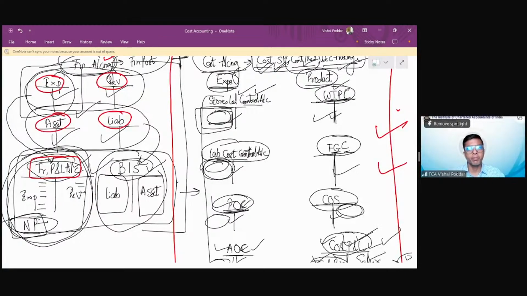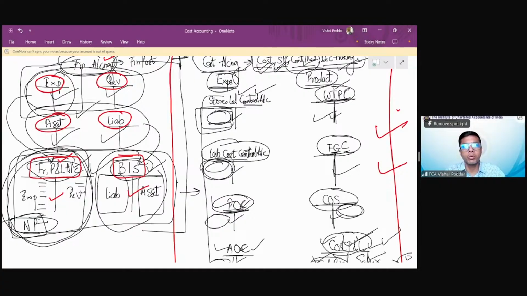One is a trading P&L account and the other is the balance sheet. And both these statements cover these four accounts. So P&L has expenses, revenue accounts. Balance sheet has the summary of all the assets, liabilities. So this is how your financial accounting is designed.